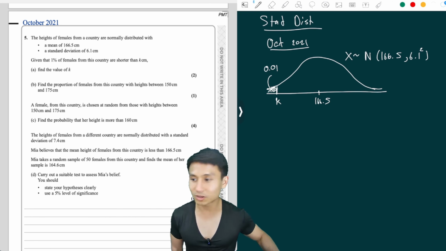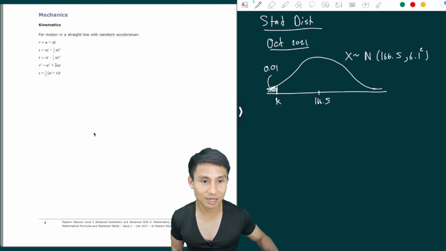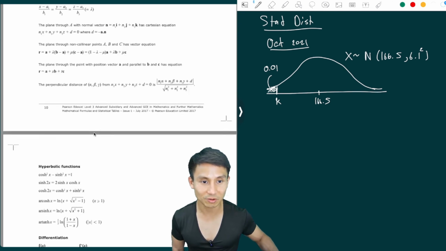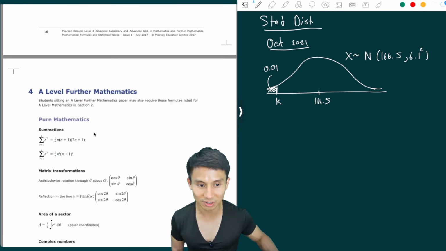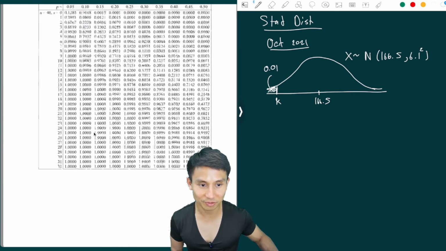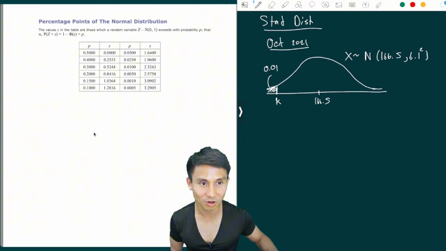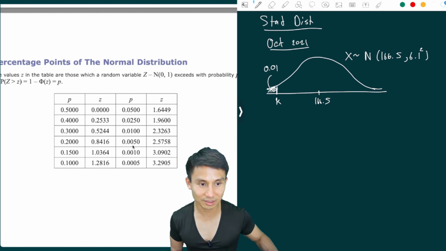But I'm going to use a table here. For those of you whose calculators are not that advanced, you can also check the table, which is the percentage point table. It's the small one here. There is the value where the probability is 0.01, and that is the Z value.